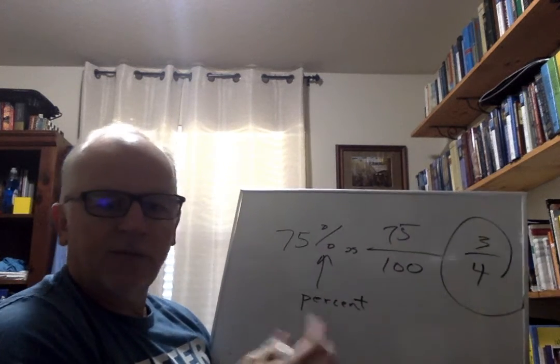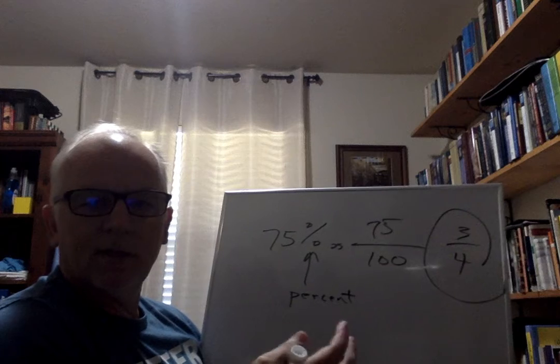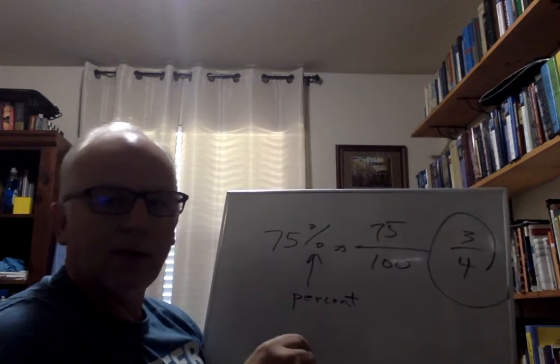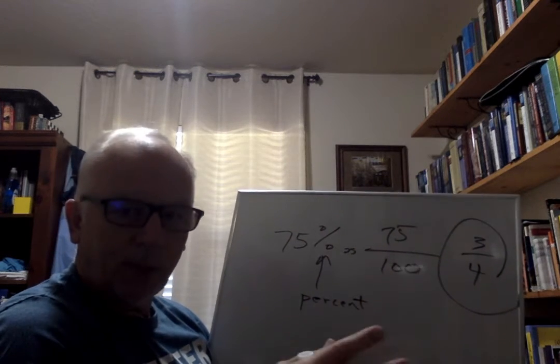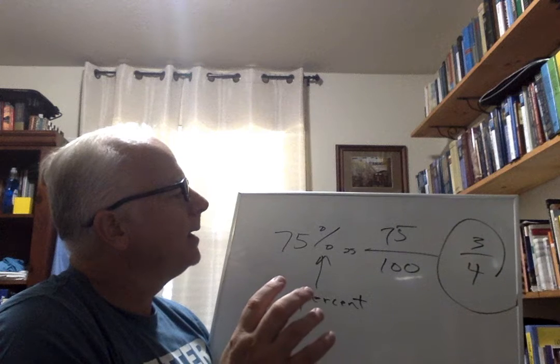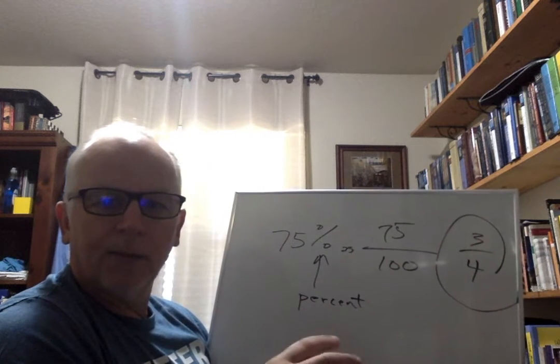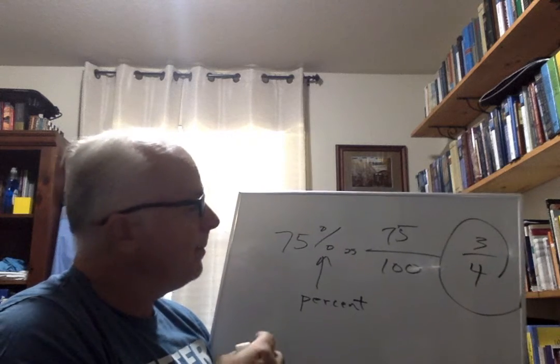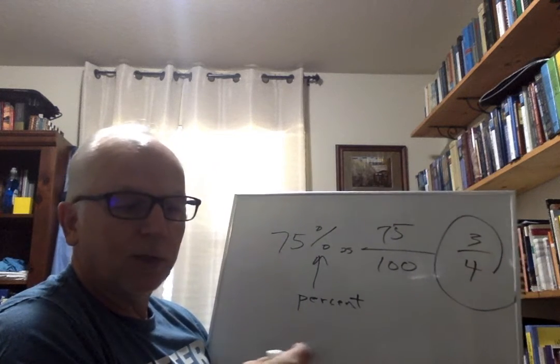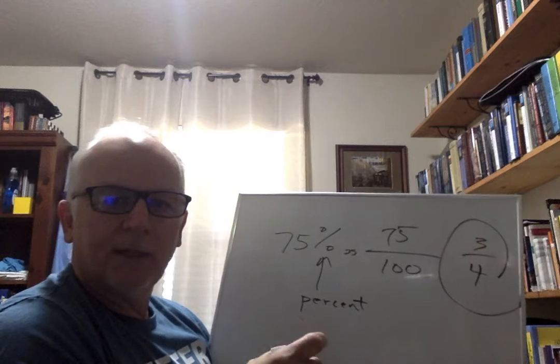When you're reducing fractions, and this is something that 5th, 6th, 7th grade, and really all the way through high school, it's important. And the better you know your multiplication tables, the better you're going to be able to reduce fractions. And people always expect you to put your answers in simplest form.